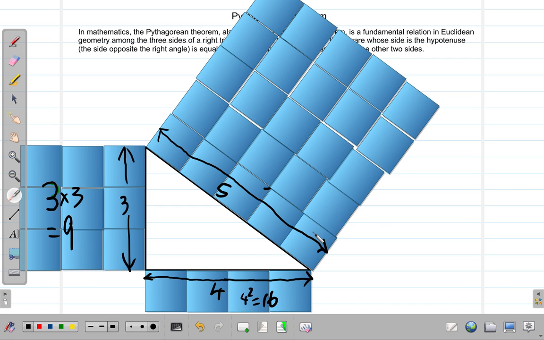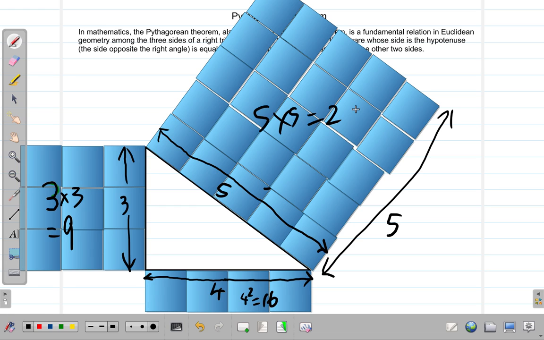Right. So you can form a square here by saying 5 long and 5 wide. So you have 5 times 5, which is equal to 25, or 5 squared. Here we have 3 high and 3 wide. So we have 3 squared, 3 by 3, which is 9.